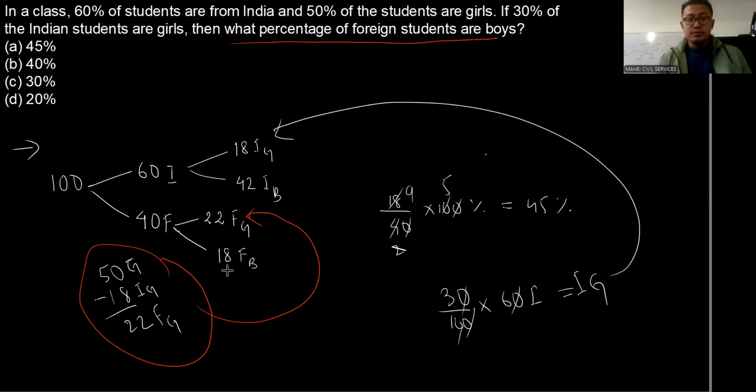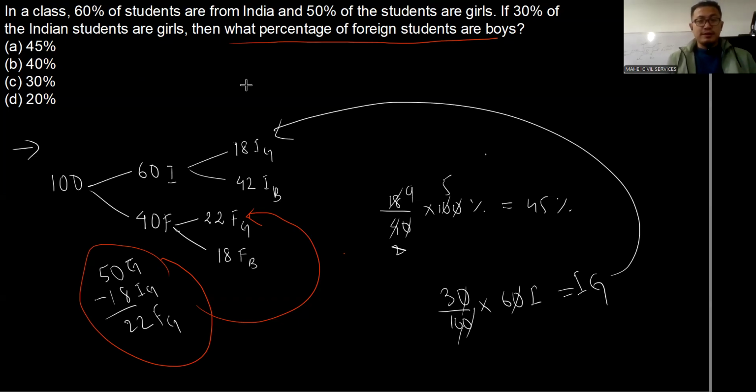Sir, wait, okay, 50 minus 18... 50 minus 32 is 18. 32... oh yeah, okay.